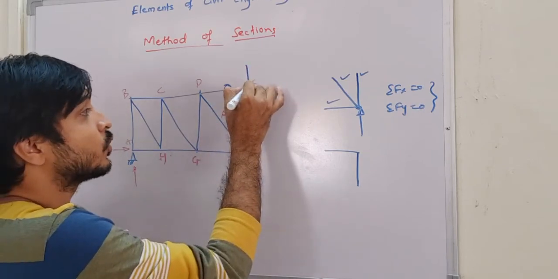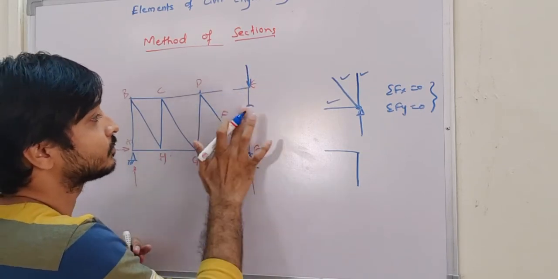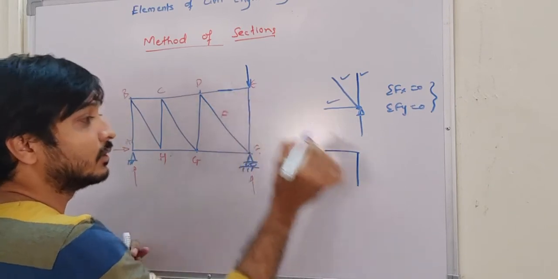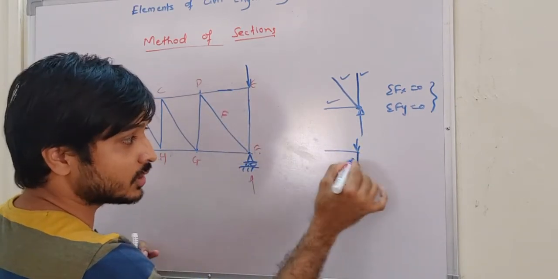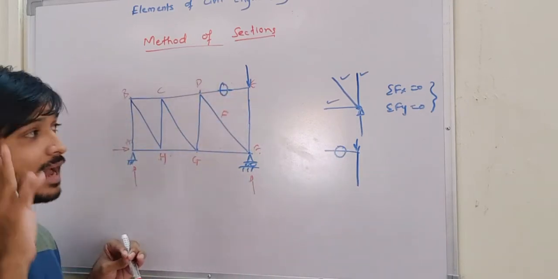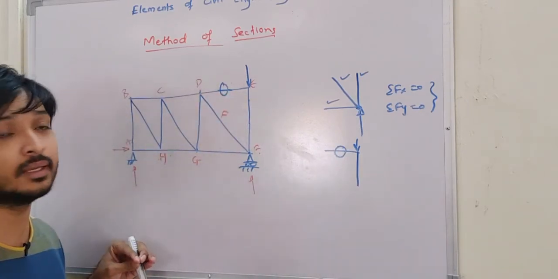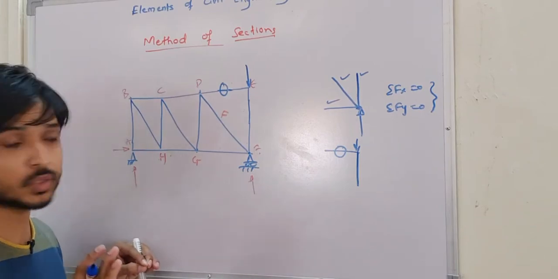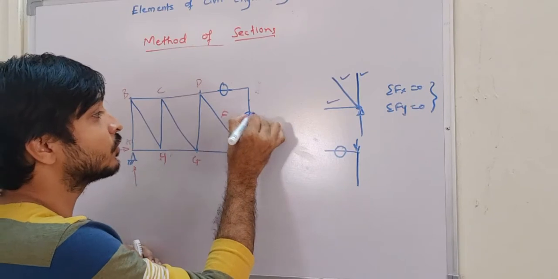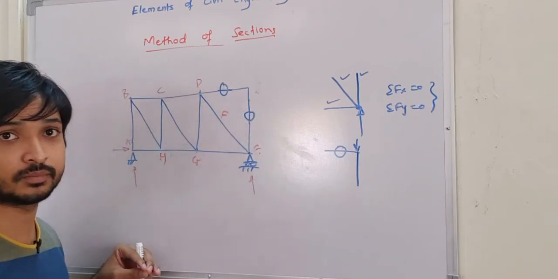Like I have said, these are the members that carry 0 force. If there is no force at all, then both of these members will carry 0 force.